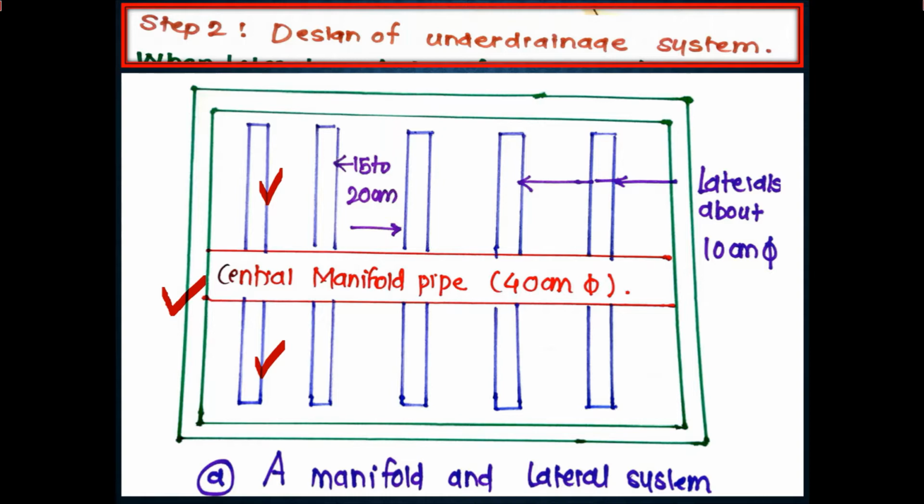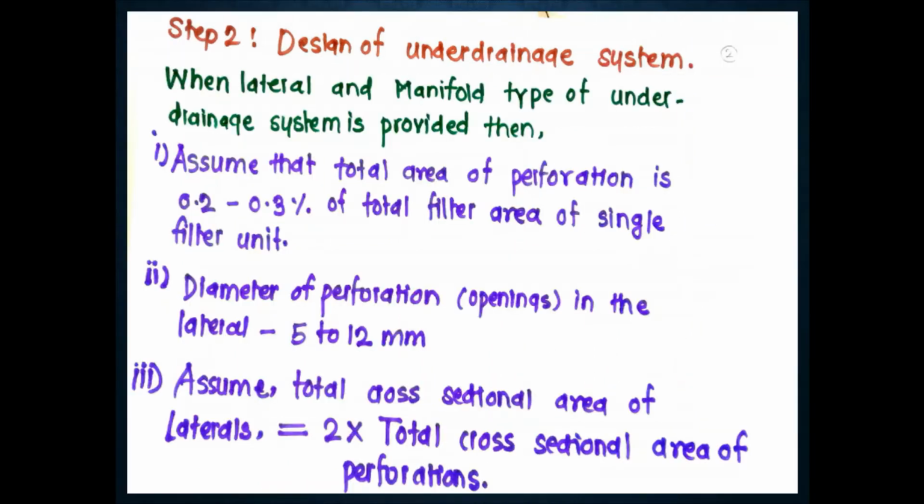The conventional design used for the under drainage system is the manifold and lateral system. For the system which I have displayed on the screen, you have to do the calculation. We will see what the calculation part is.